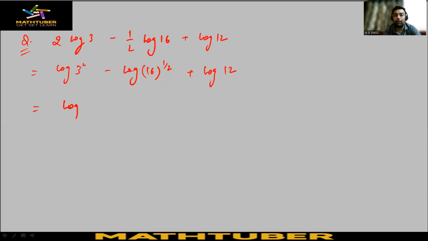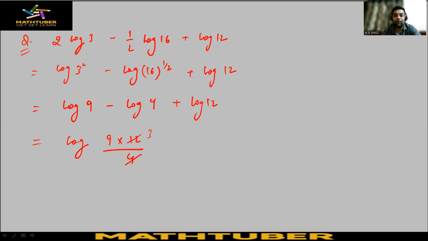So this will become log of 9 minus log of 4, because 16 root is 4, and plus log 12. And now this will become 9 into 12 upon 4, and this 4 will cancel. Those numbers which are in negative will come to the denominator, and those which are in addition will come to the numerator.